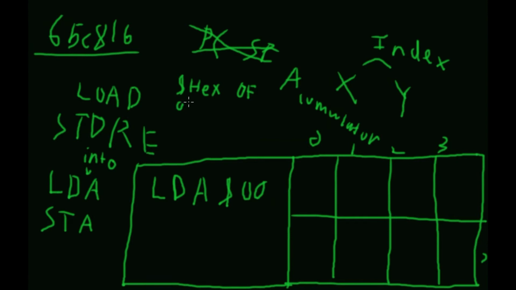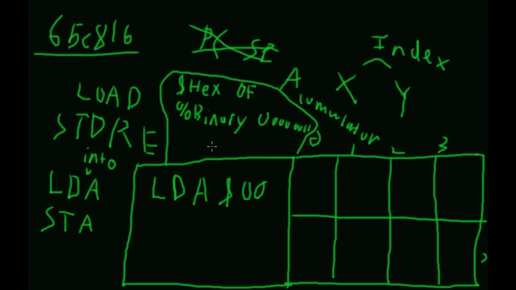Then we also have this percent sign here, which is binary. So if I were giving an 8-bit number, it would generally be like %00000011, and that would be 3. It's going to be a binary number here. Let me just draw a line here to separate that section. But there's one last thing that we're going to use, and this is the hash symbol, or pound symbol, whatever you call it. And that's what we call an immediate value.